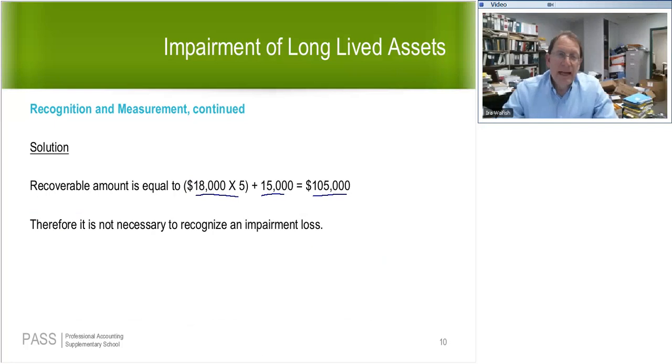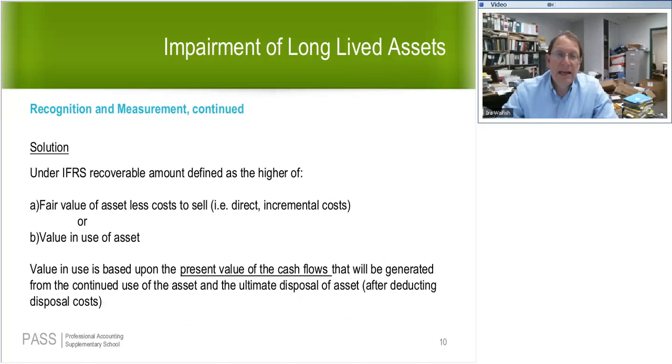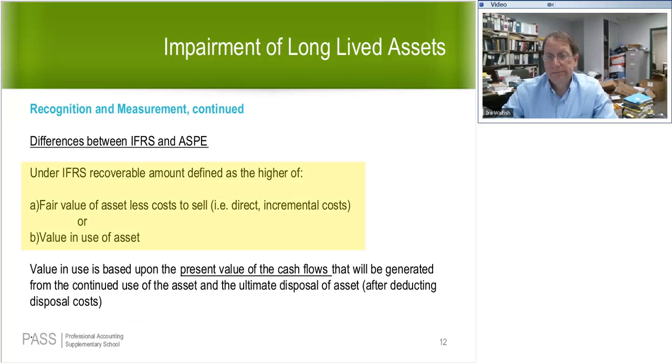So, people, that is ASPE. Now, to make life nice and fun, along comes IFRS. Still dealing with our first issue here of write-downs. What's a write-down? IFRS says, okay, you got a formula, a little different. You take the higher of the fair value minus the cost to sell.